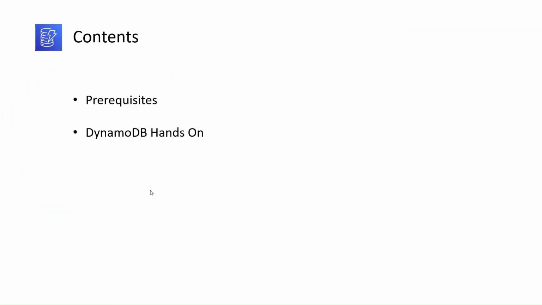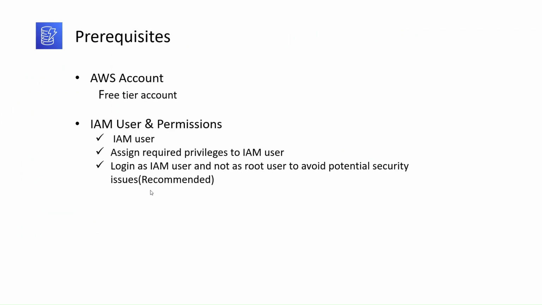In this hands-on demo, we will see the prerequisites and the hands-on demo topics. For this demo, you need to have an AWS account, and you can create a free tier account. You can find the account creation link in the description.